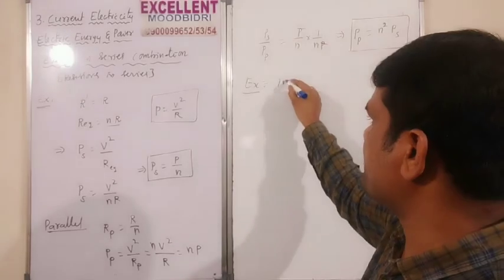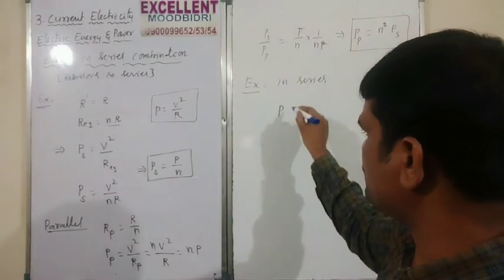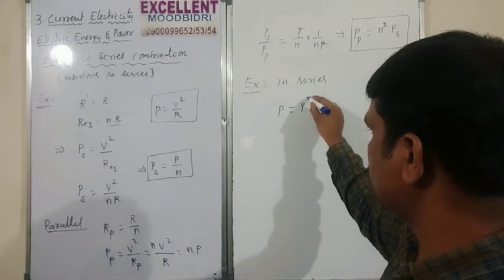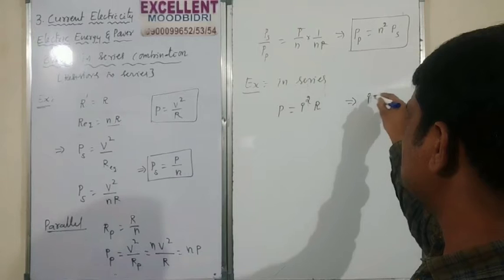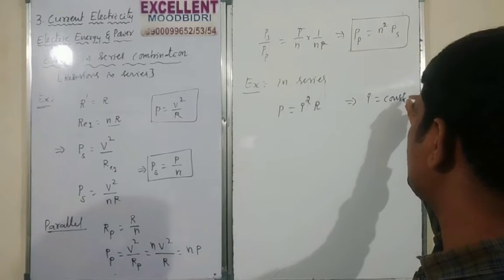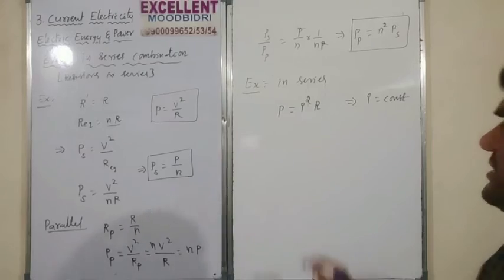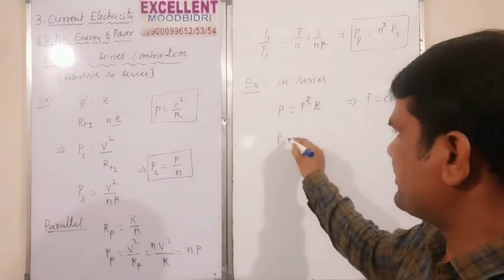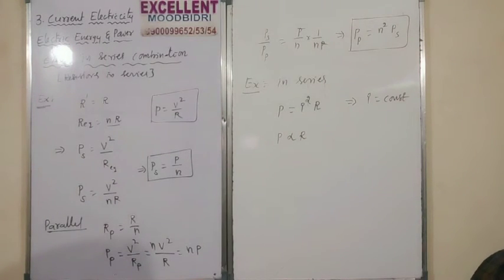In series combination, we have to use the formula P is equal to I square into R, because in series combination I is constant. Therefore, power is directly proportional to R. Very, very important, this one.